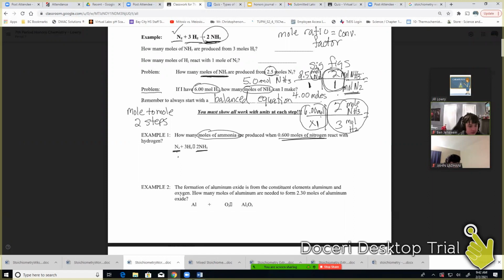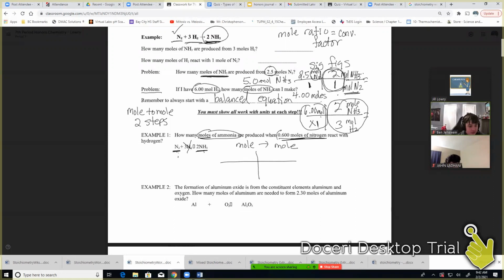So for what we're doing right now, we may have 3 or 4 things in the chemical reaction. We're going to only deal with 2 at a time. So in other words, I'm not worried about hydrogen. And this one, my given is nitrogen and my unknown is ammonia. My given is in moles and I'm going to moles. So this is a mole to mole problem, so it's just going to be 2 steps.